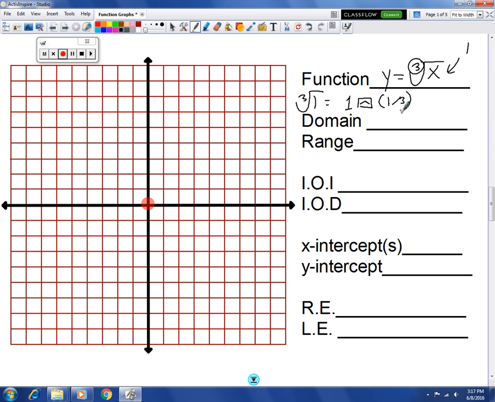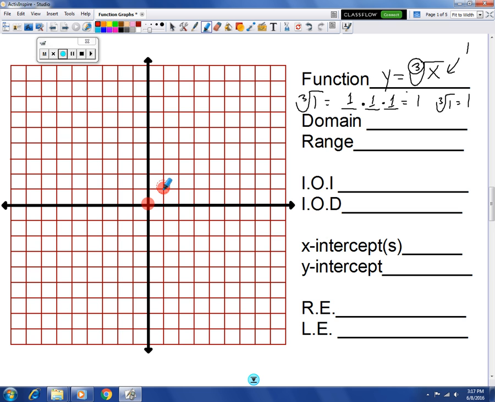Definition-wise, cube root means what 3 numbers that are the same multiplied equal 1? What do I put in those 3 blanks? Well, positive 1, positive 1, positive 1. So the cube root of 1 is 1. When I substitute 1 into that function, I get an answer of 1. So 1, 1 is one of my points.